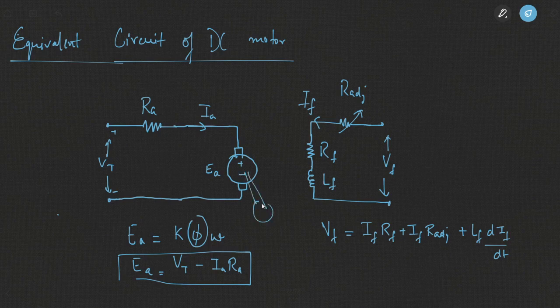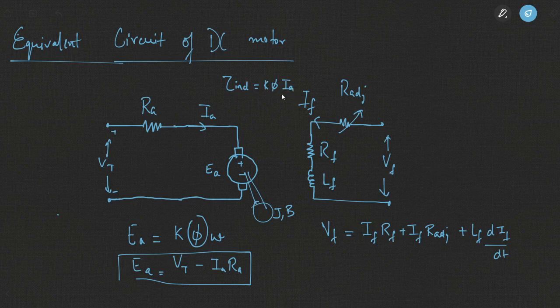And there will be a mechanical part here that is rotating, for which we'll have mechanical quantities determining the motion, equations of motion. These quantities will be simply the moment of inertia and the viscous friction coefficient, J and B. Also, the induced torque in this machine that we have already derived will be equal to K phi IA.